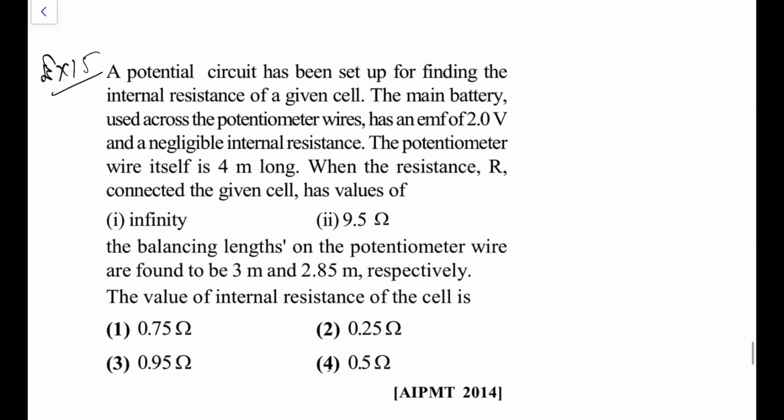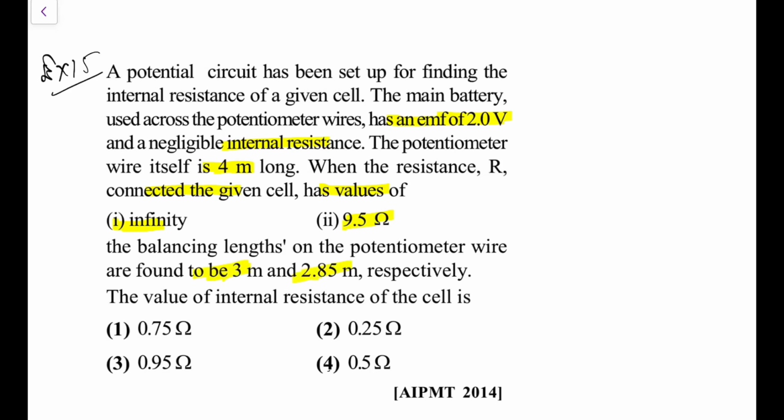Now the last one. A potentiometer circuit is set up for finding the internal resistance. The main battery used across the wire has an EMF of 2, negligible internal resistance. Potentiometer wire is 4 meter long. When a resistance R is connected, the given cell has values of infinity and 9.5 ohm. The balancing lengths on the potentiometer wire are 3 and 2.85 respectively.